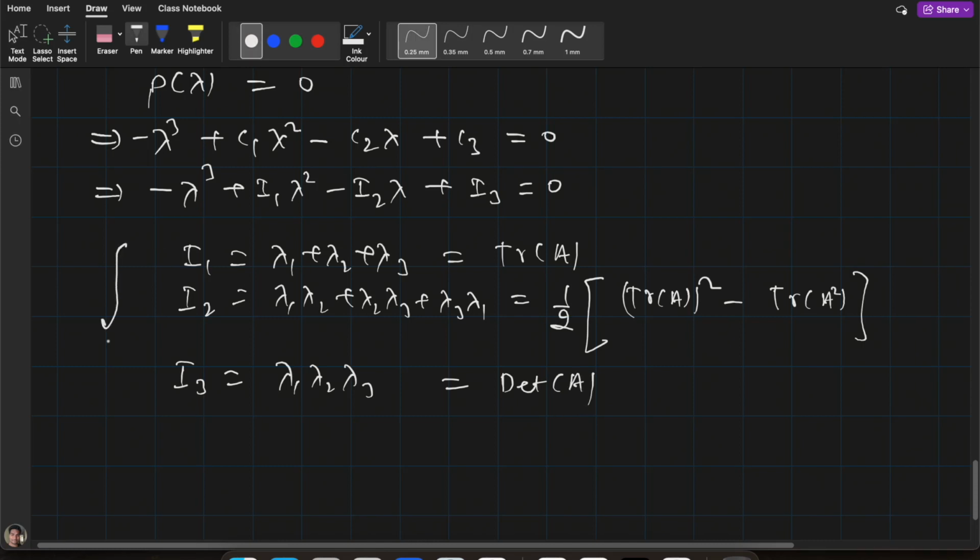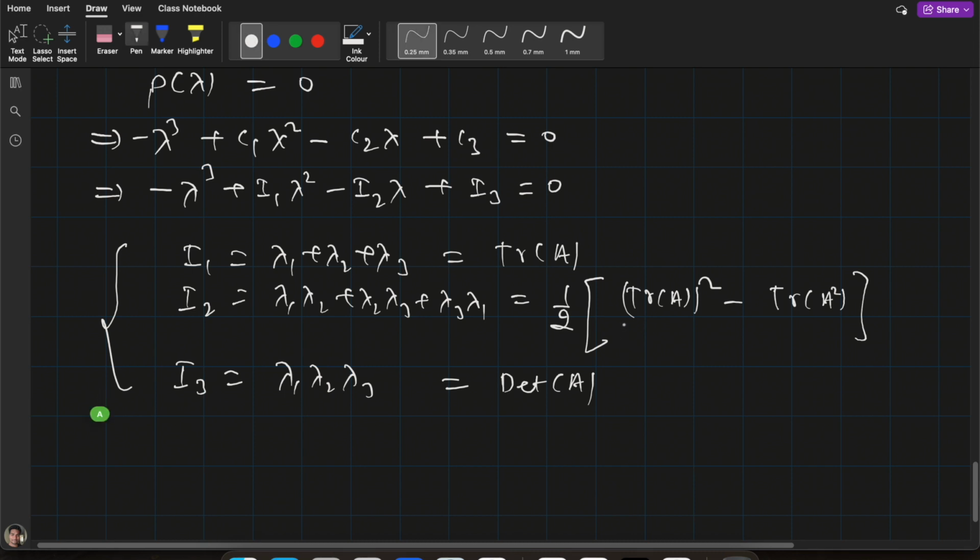For a 3 by 3 matrix, these three are invariants. So you can see that whatever transformation you do, the trace of the matrix will remain the same, trace of A square will also remain the same, and determinant of A will also remain the same. So that is the idea.